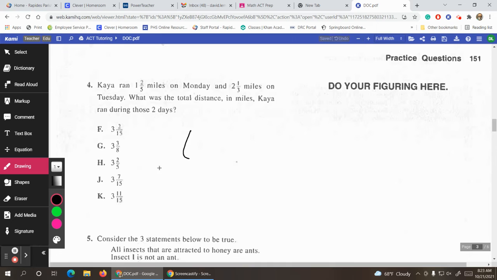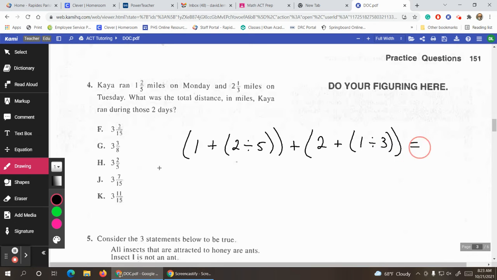You would say 1 plus parentheses 2 divided by 5, close parentheses, plus open parentheses 2 plus open parentheses 1 divided by 3, close parentheses. Hit your enter button, and you will get an answer.